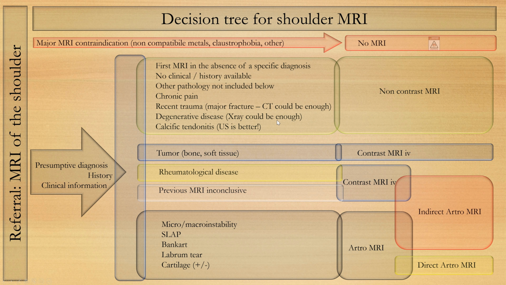In degenerative disease, X-ray could be enough, or in calcific tendonitis, ultrasound might be better, but nevertheless we do non-contrast MRI.